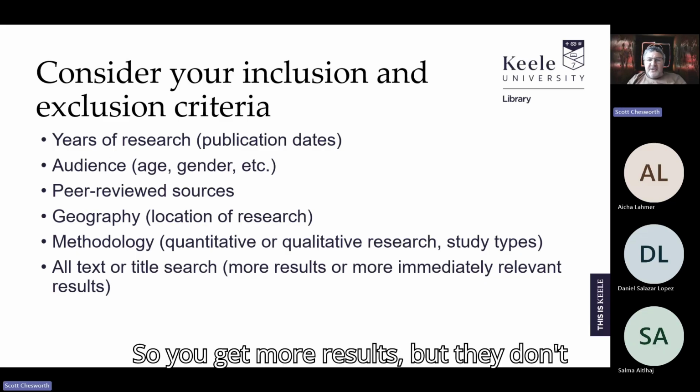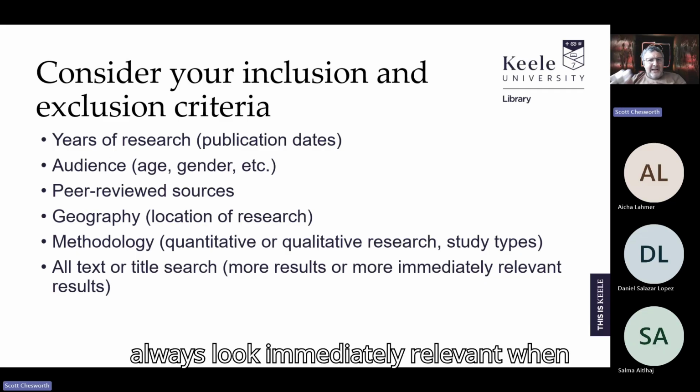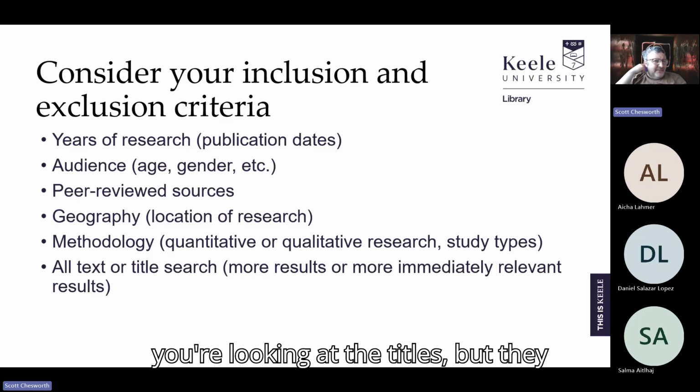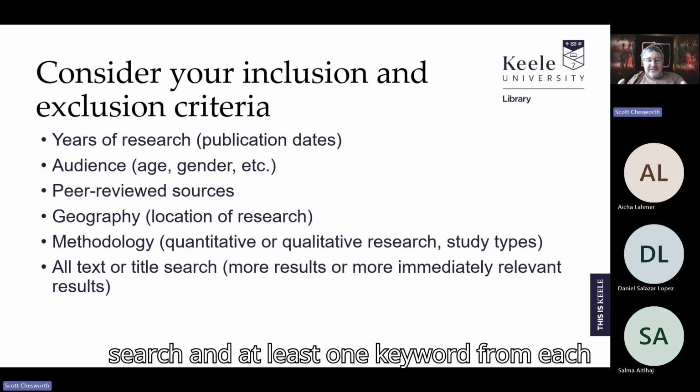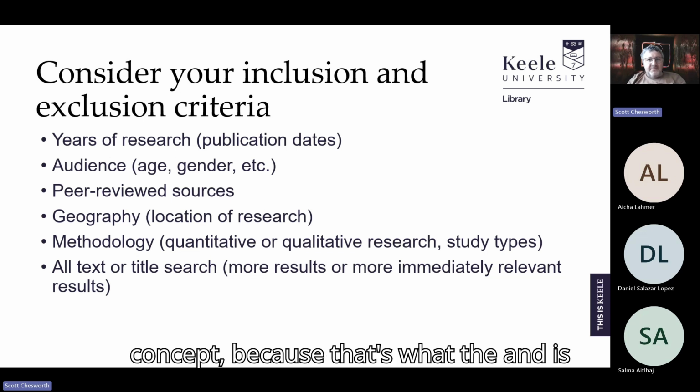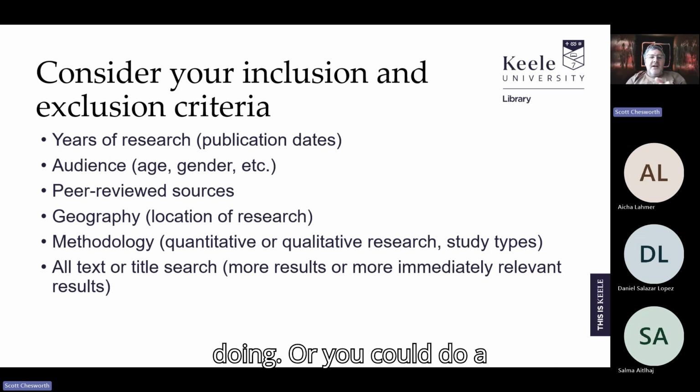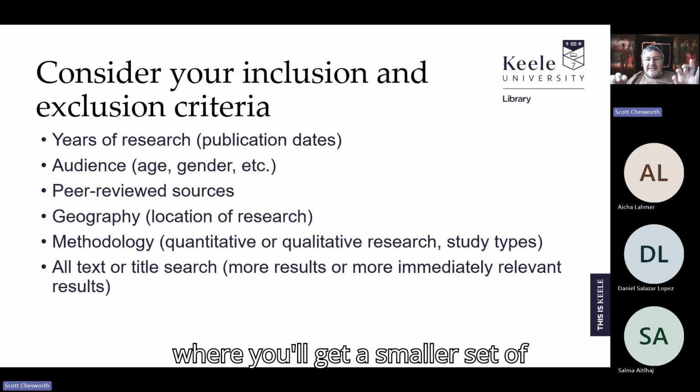So you get more results, but they don't always look immediately relevant when you're looking at the titles, but they will all contain the keywords from the search and at least one keyword from each concept, because that's what the AND is doing.